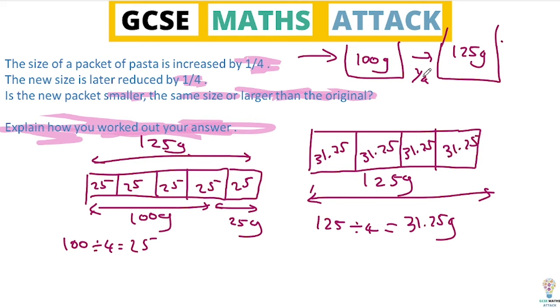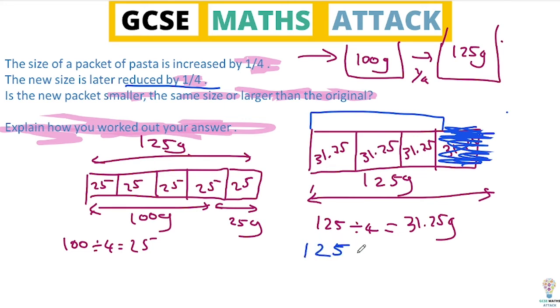Okay, you're now told that you're going to reduce it by a quarter. So that means you're going to knock off a quarter. So technically what you've done is 125, take away 31.25, and you've got an answer of 93.75 grams.